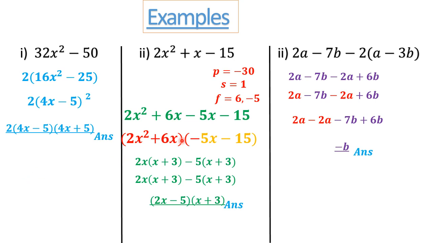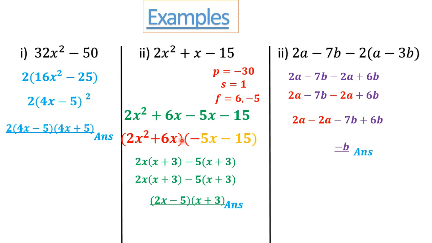So let me just quickly recap what we've done today. We've talked about the types of factorization. We said if you are given 2 terms and there is a minus between them, just know that that is a difference of 2 squares.